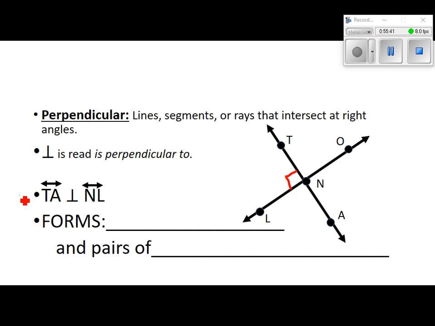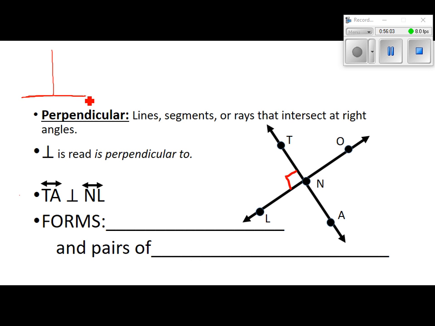Alright, so perpendicular means lines or segments that intersect to form right angles. This is the symbol for perpendicular. It's that upside down T. Somebody read this to me. Line TA is perpendicular to line NL. Very good.